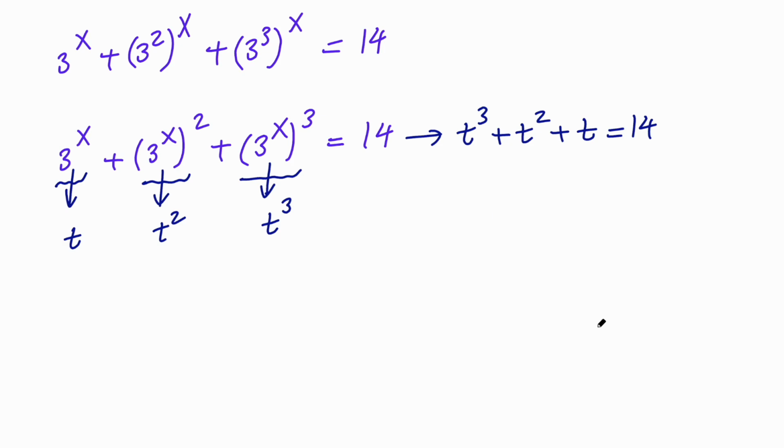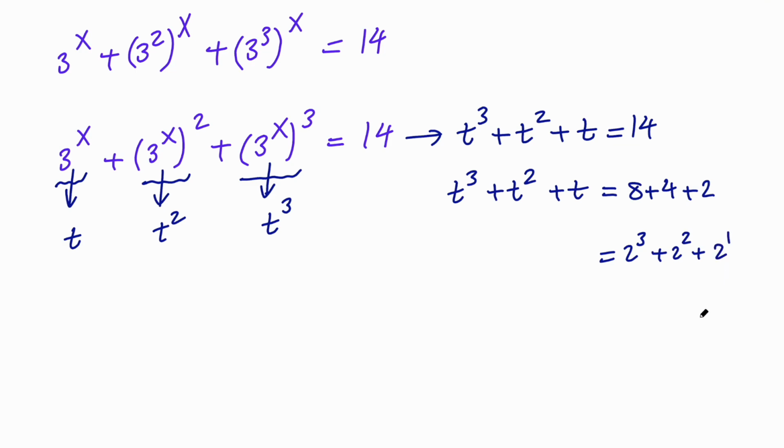Now, how can we solve this? Notice that 14 is equal to 8 plus 4 plus 2, right? And notice that 8 is 2 cubed, 4 is 2 squared, and 2 is 2 to the power of 1.